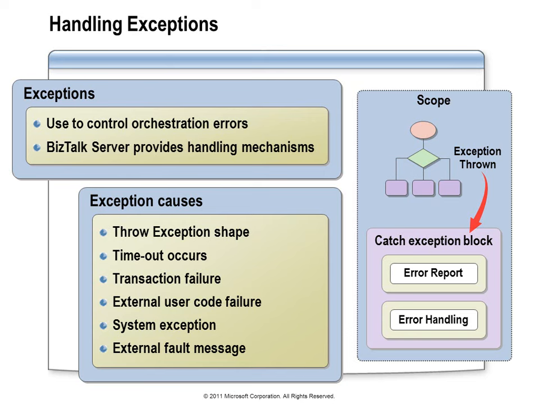And if the parent scope does not have an exception handler that's configured to deal with that type of exception, that exception will continue to be rethrown to higher level scopes until ultimately it's thrown to the orchestration runtime, and the orchestration runtime just does its default exception handling. So you'll probably have to think long and hard about how exactly you want to implement your exception handlers. But as we saw earlier, they can add a tremendous amount of value when you're trying to automate a business process from end to end.